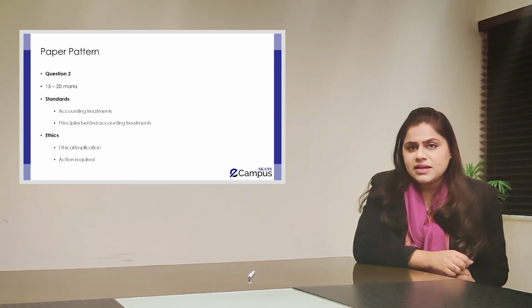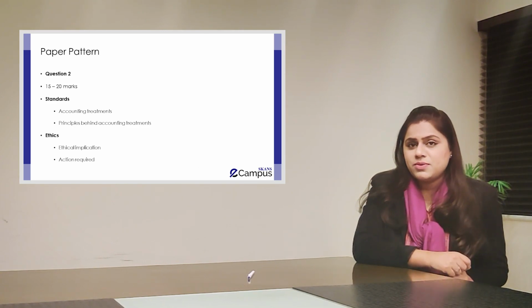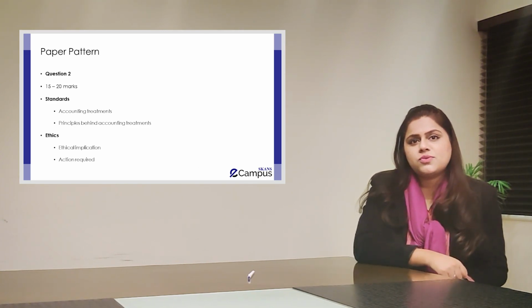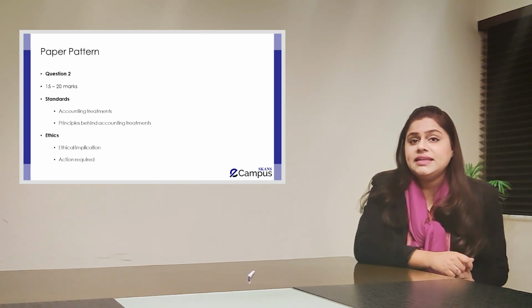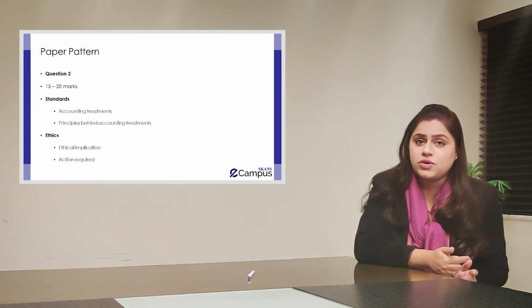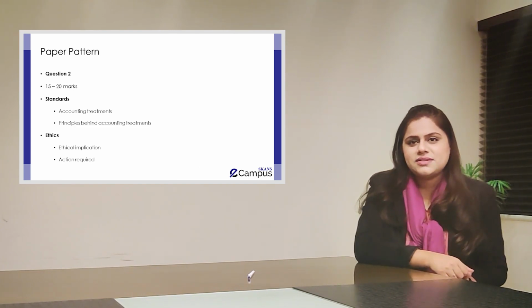It covers ethical principles as well as knowledge of standards. Please remember once again, it is not just an ethics question, rather detailed knowledge and application of standards is also tested in it. The examiner gives accounting issues which you have to identify and resolve, and then you need to pick up the ethical issues related to that.